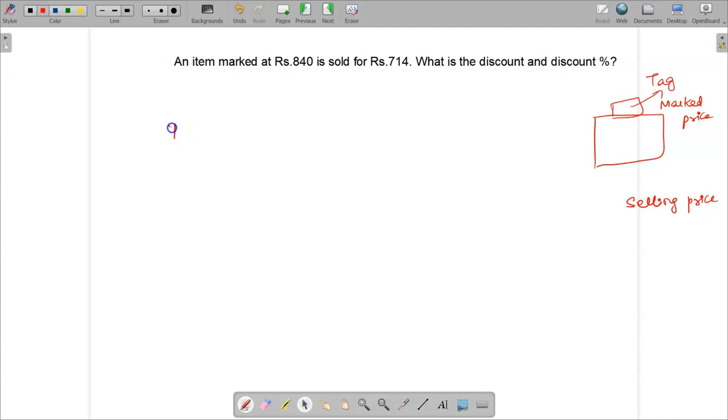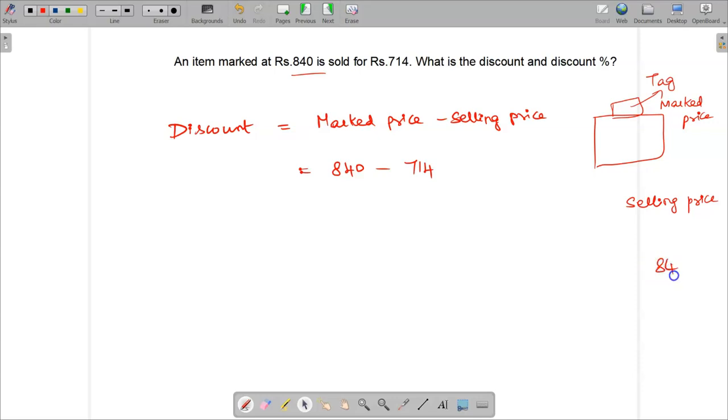Generally the discount is given by the formula marked price minus selling price. Here the marked price is given, it is 840 rupees, and the selling price is 714. So 840 minus 714.